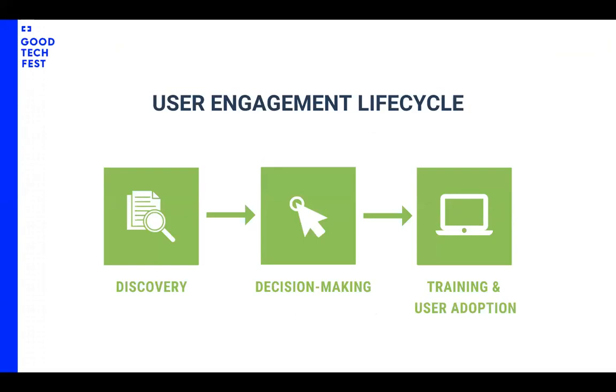There's definitely a lot more that goes into the design and implementation of these complex systems. But when we think about when we engage users, there are three points that I would really like to highlight today. One is discovery, so thinking of the requirements of the organization broadly and of individual users. Thinking about decision-making, how do you choose which technology to use, and other points in the process.